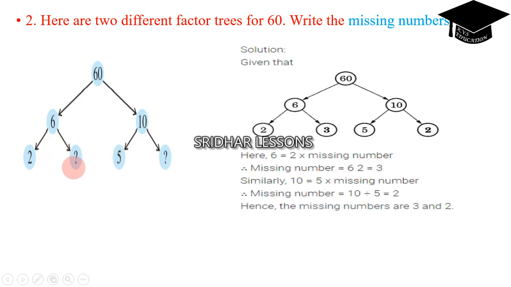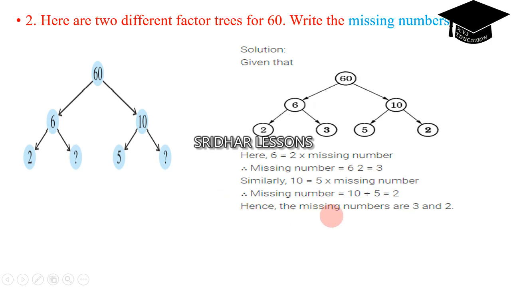Here 6 is equal to 2 into the missing number. Therefore, the missing number is 6 by 2, that is 3. Similarly, 10 is equal to 5 into the missing number. Therefore, the missing number is 10 divided by 5, that is 2.